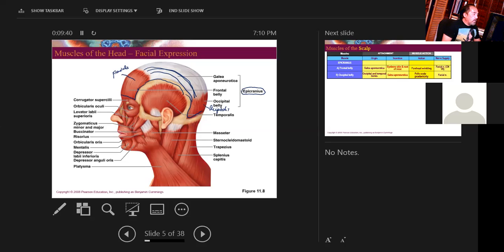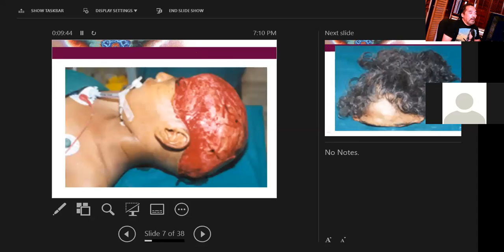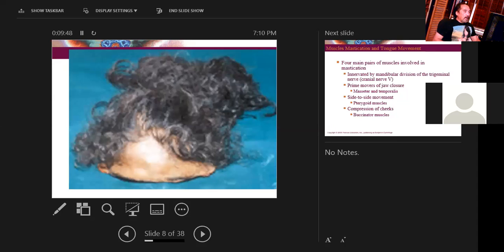So I'm going to show you what I meant by it's not attached to the scalp, okay? So this is a person who had an accident, okay? And this is what happened. There was a person riding the Ferris wheel, I think in South America, and her hair got caught in a stationary object, and it pulled her scalp away from her cranium.